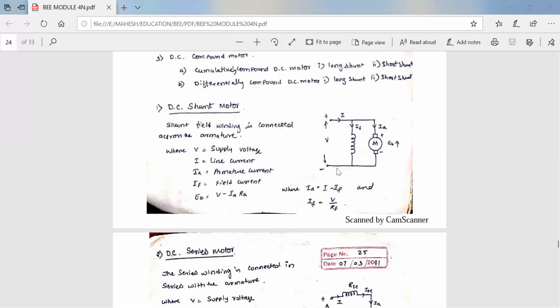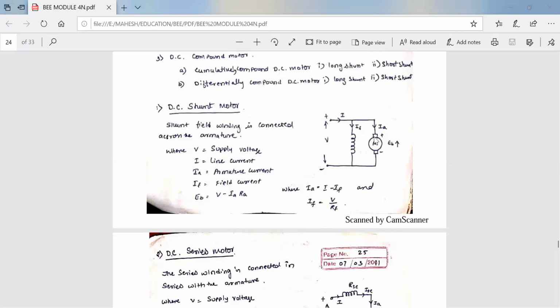On observing the circuit, we can see that the armature current is given by line current minus the field current or the shunt current. So IA equals I minus IF. To calculate the IF value, IF equals V by RSH, or it is also called RF, that is the shunt field resistance.